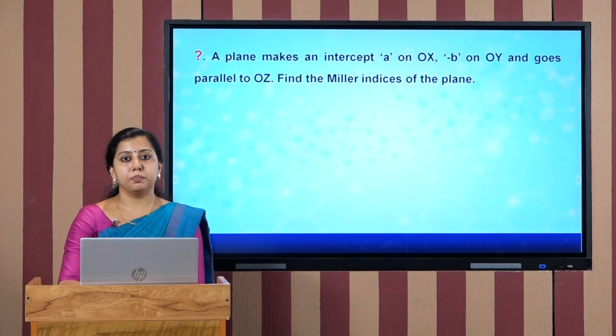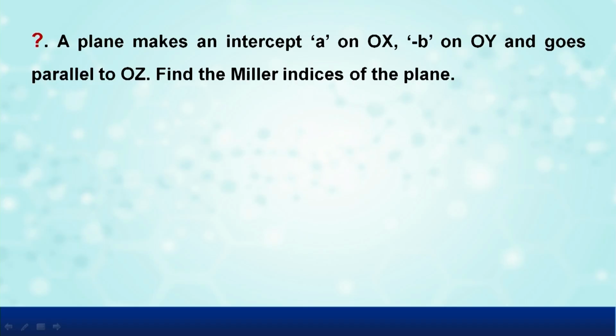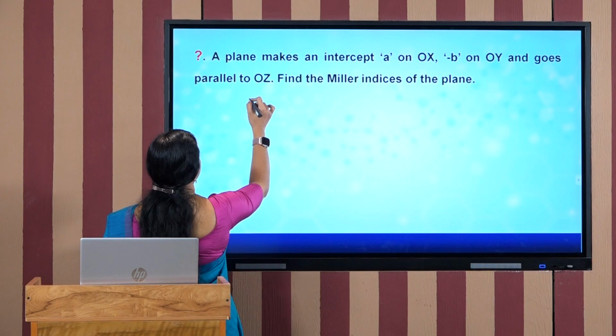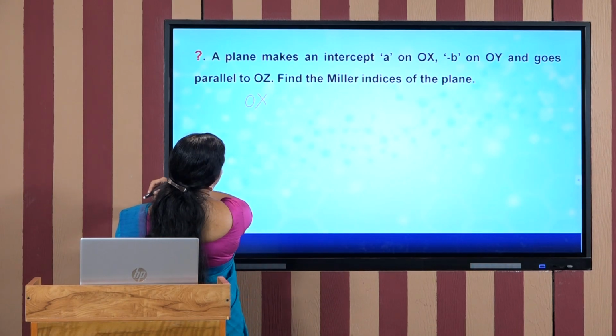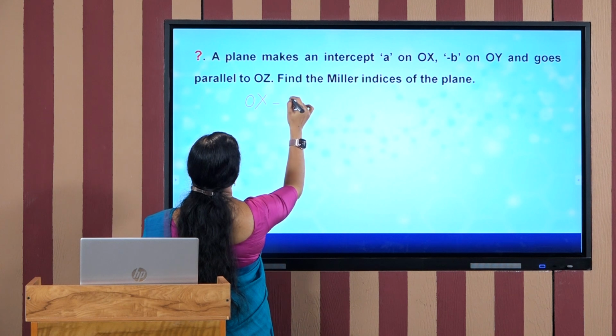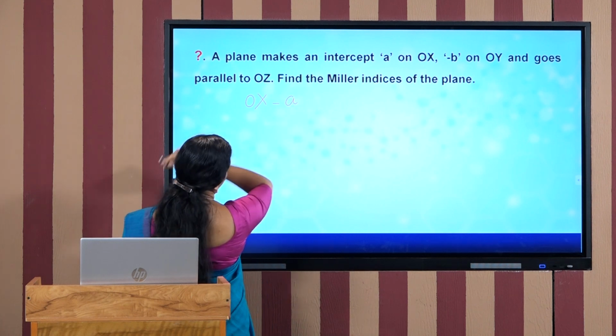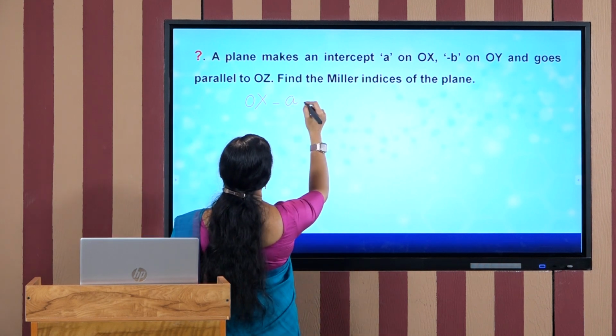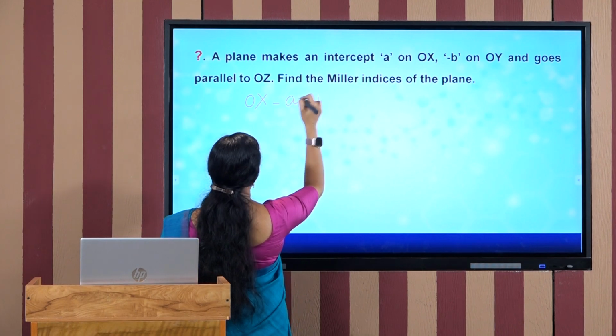Let us see another example. A plane makes an intercept A on OX, minus B on OY and goes parallel to OZ. Find the Miller indices of the plane. So, on OX, again it makes a unit intercept A, so the coefficient is 1.